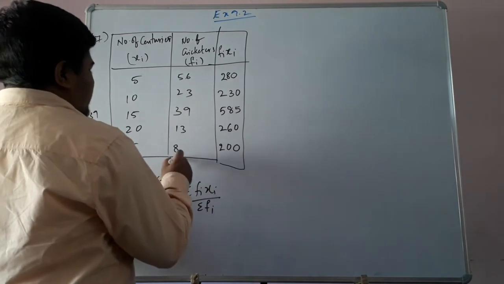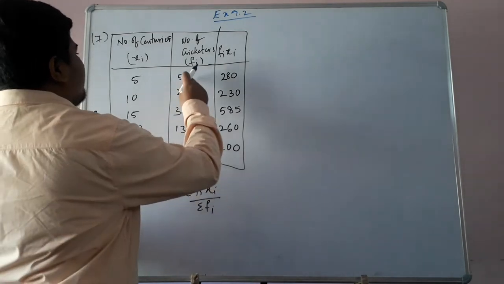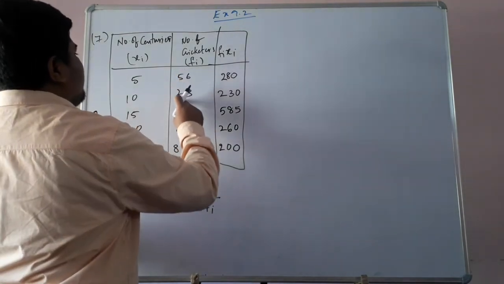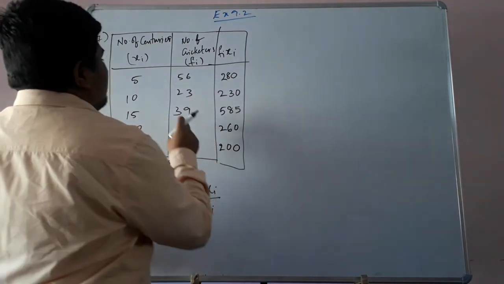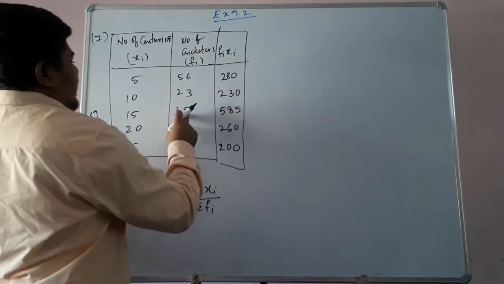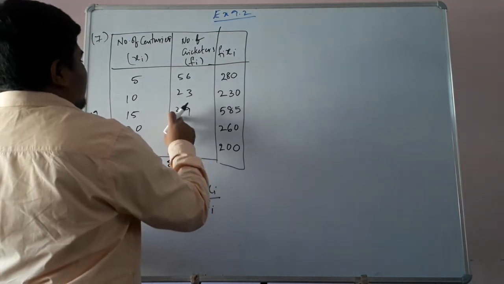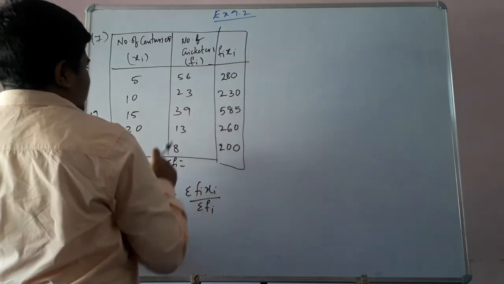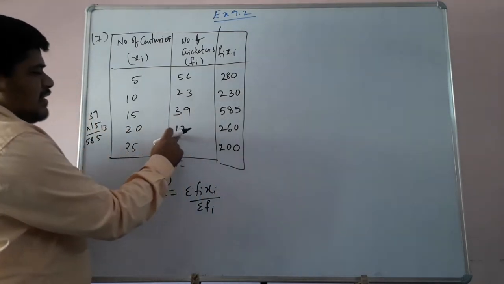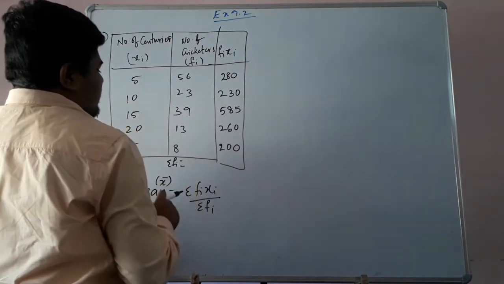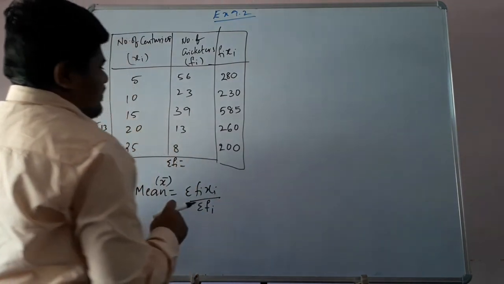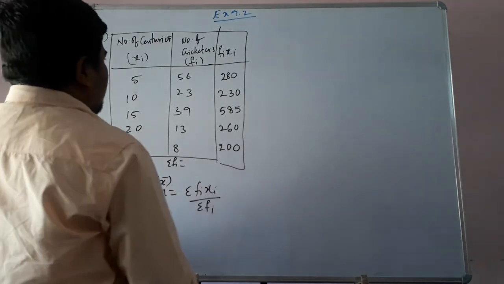Add 56 plus 23, 79, plus 39, 118, plus 13, 131, plus 8, 139.